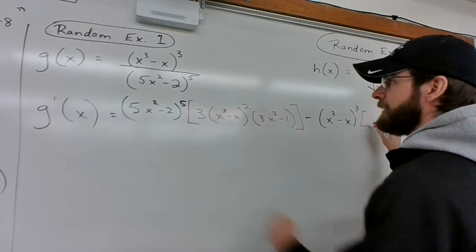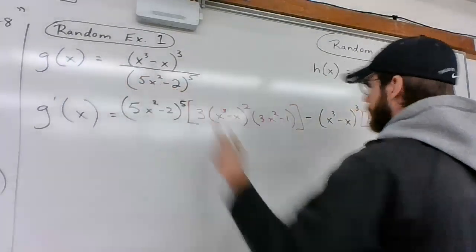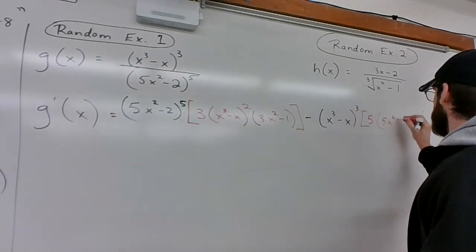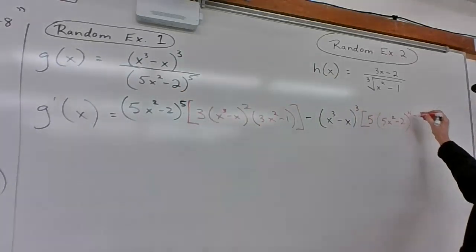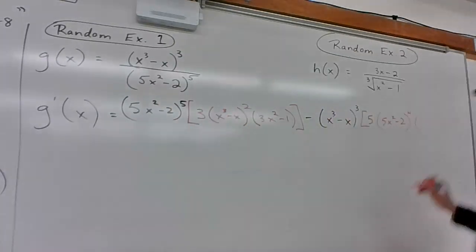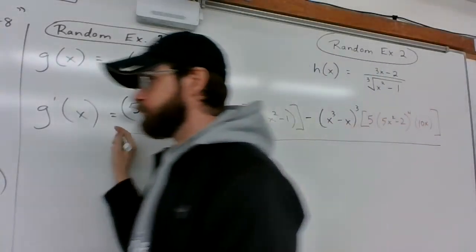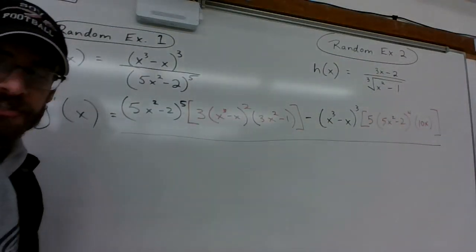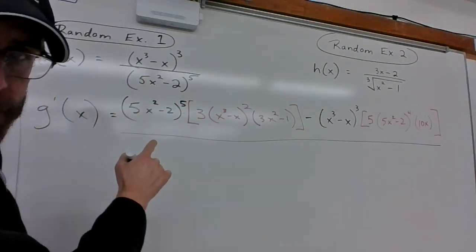So the bottom is going to be bring the 5 down, rewrite the middle, take a 1 away from the power, and then multiply by the derivative of 5x squared minus 2. So there's the start of quotient rule. Then you take the bottom and square it.